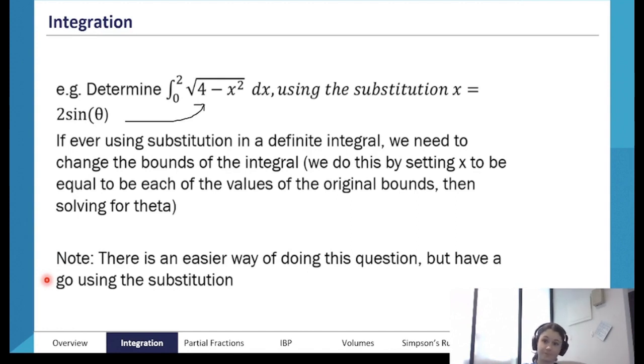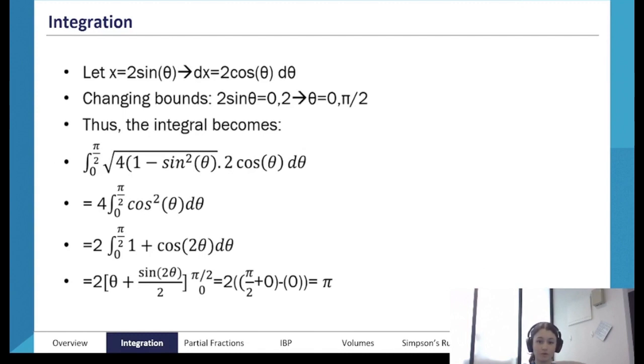Okay. So over here, we have the solution for this question. So, we have x equal to 2 sine theta, and then of course we are going to differentiate x with respect to theta to get dx d theta.